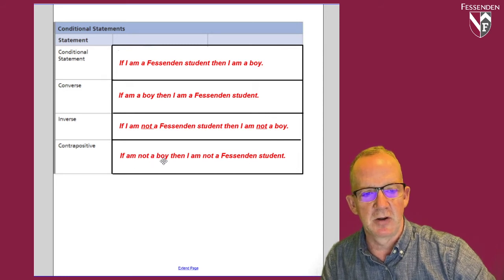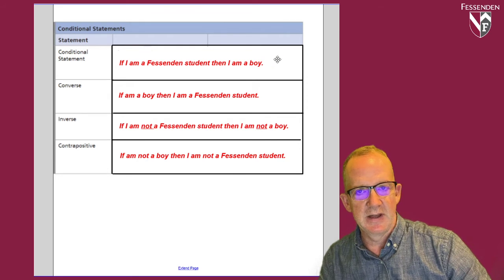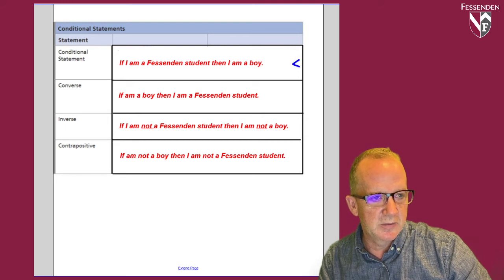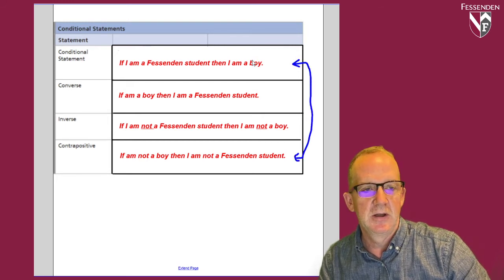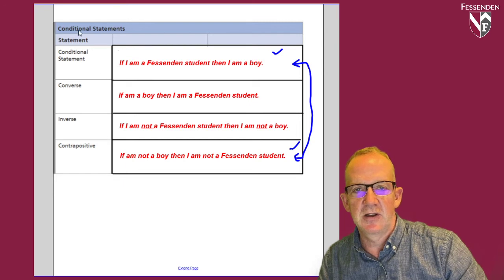If I am not a boy, then I am not a Pheasant student. And I'll tell you right now that the contrapositive and the original statement follow the same truth value. If this one's true, then this one must be true.